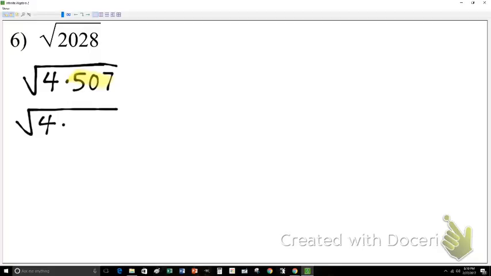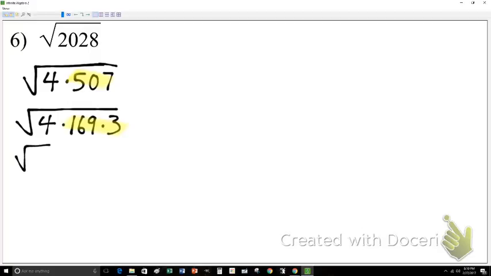So 13 squared is 169, and I can actually divide 507 by 169. So 169 times 3 makes 507. So I can factor 507 into 169 times 3. Okay?